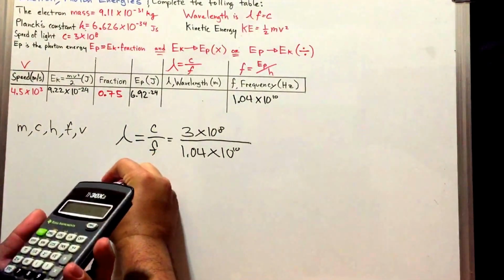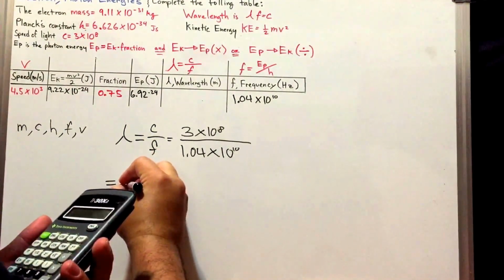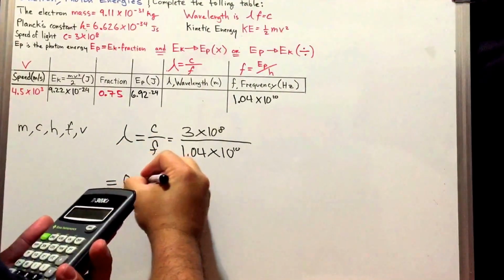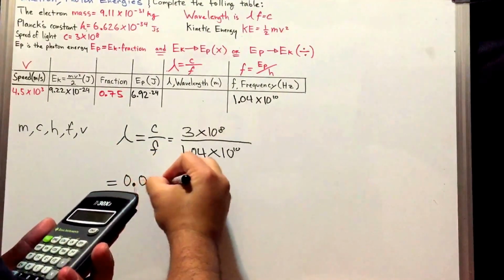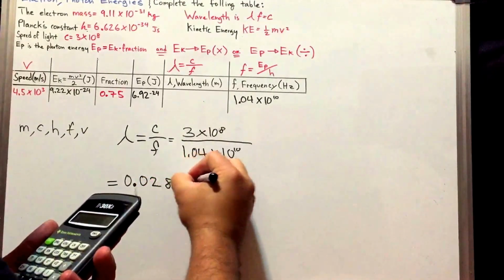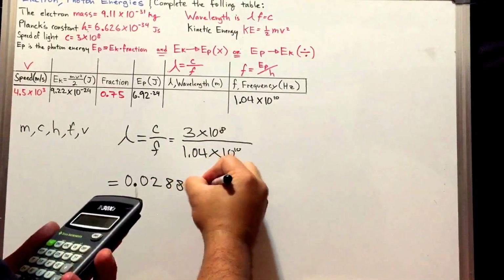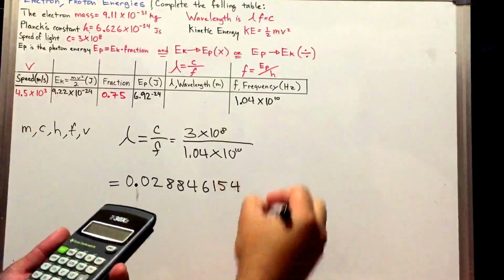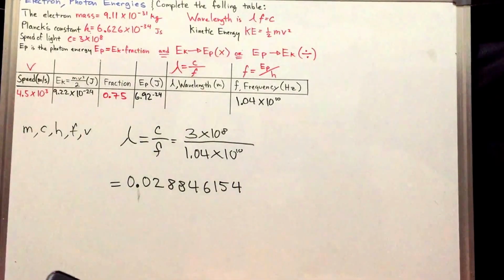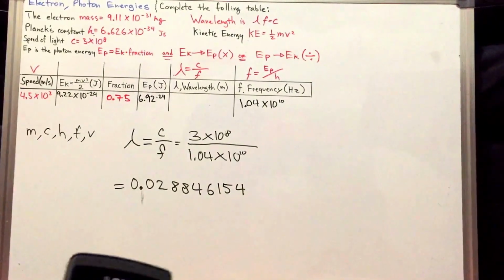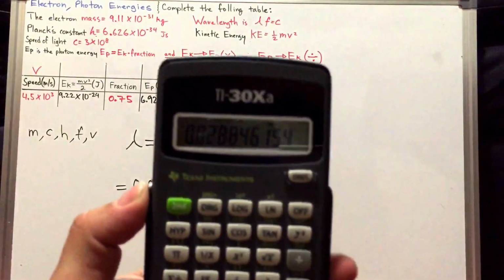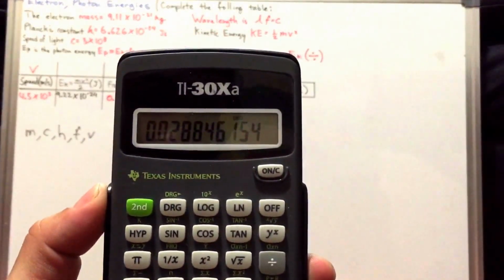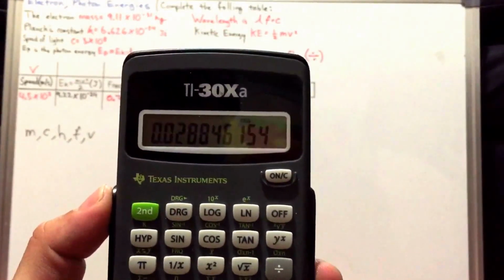I'm going to just write it out: 0.028846154. Now, the calculator I'm using, I don't know if you can see this or not, but it's a TI-30XA.